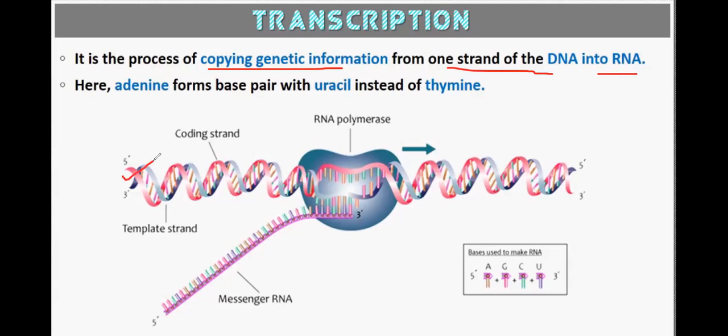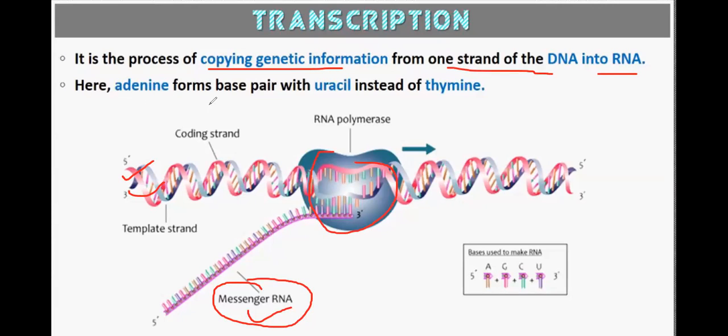This is RNA, this is DNA, and from DNA there is production of messenger RNA. This whole process by which RNA is produced from DNA is called transcription.